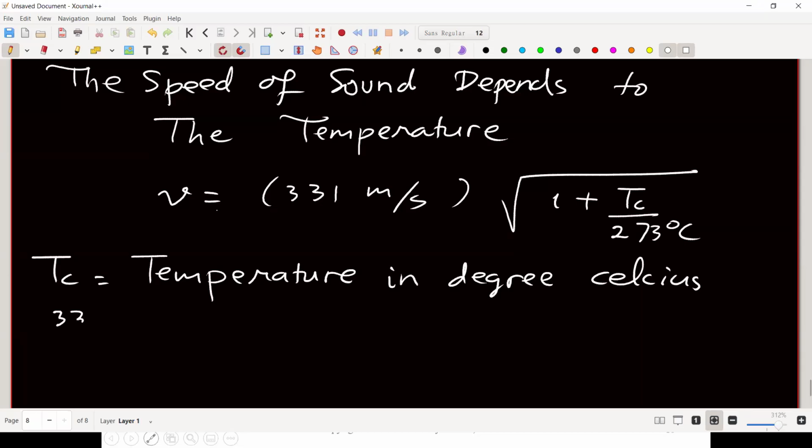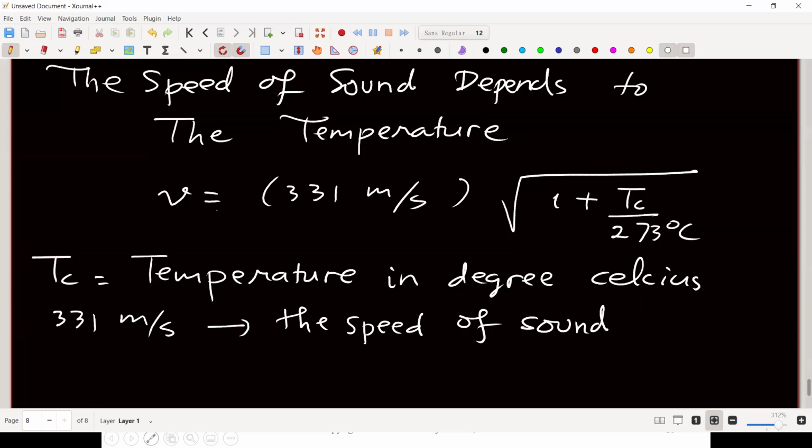So 331 meters per second is the speed of sound at 0 degrees Celsius. It means that higher temperature will give higher speed.